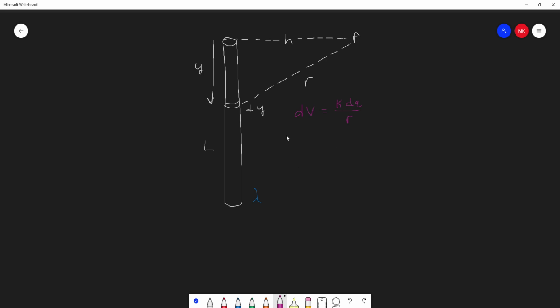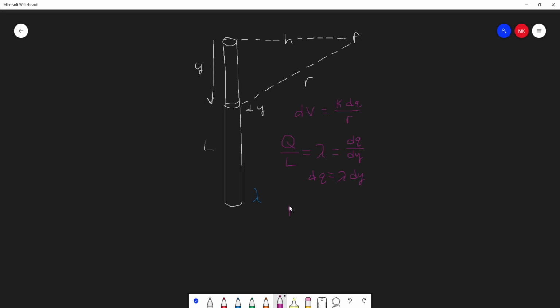We know that our total charge Q is distributed amongst this length L, and we were given that as lambda, our charge per length. And since it's uniformly distributed, we can say this is equal to a little bit of charge, dq, over a little bit of length, dy. And solving this for dq, you get dq equals lambda dy.